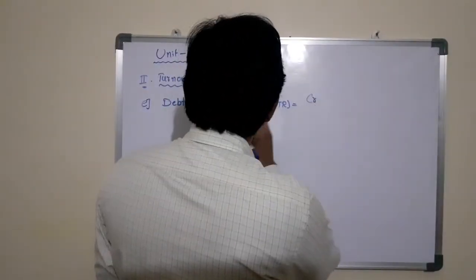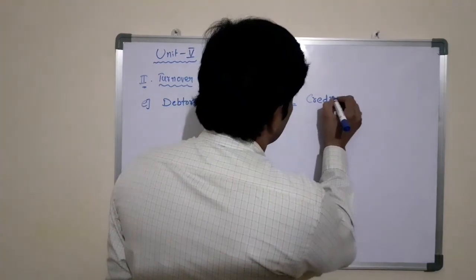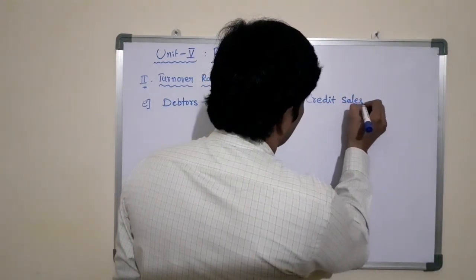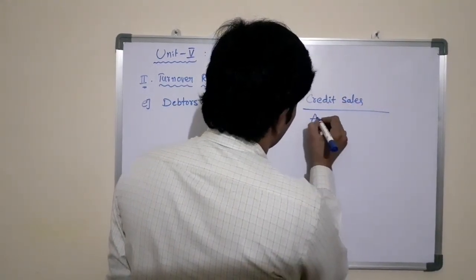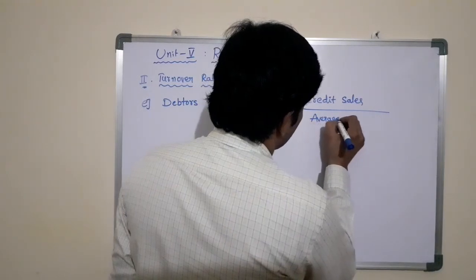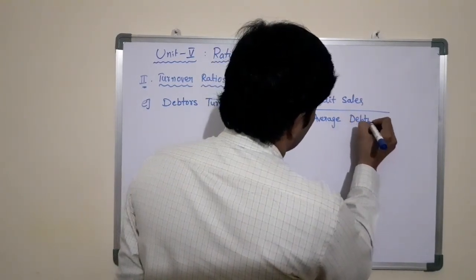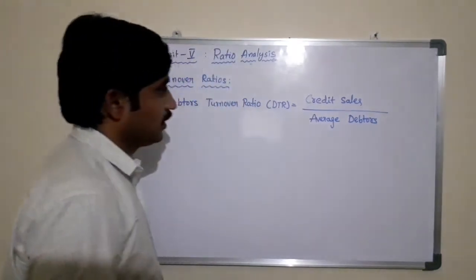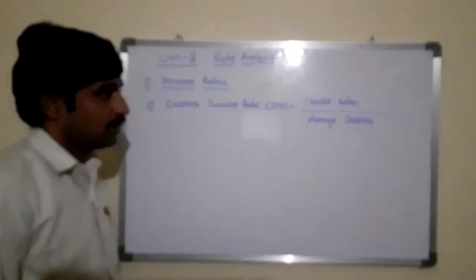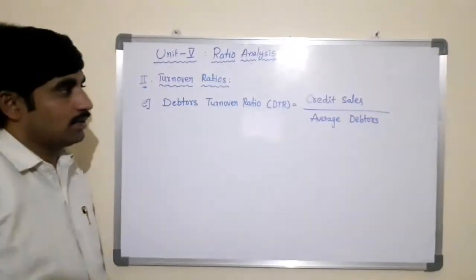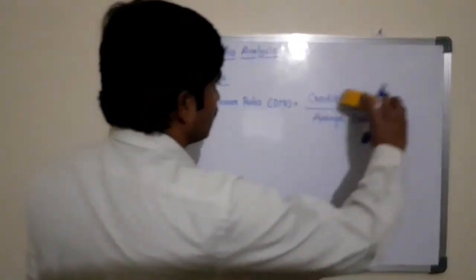Hence, the formula for calculation of this ratio is credit sales by average debtors. Net credit sales by average debtors.